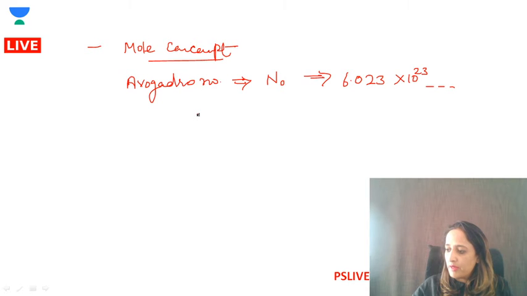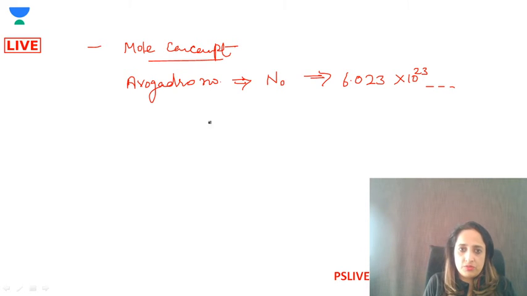This Avogadro's number is named after Amedeo Avogadro.